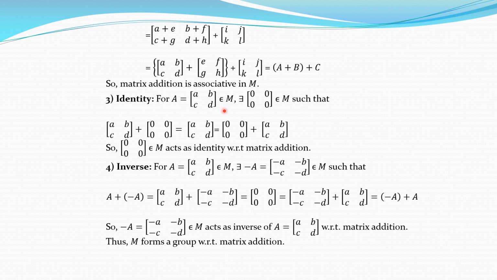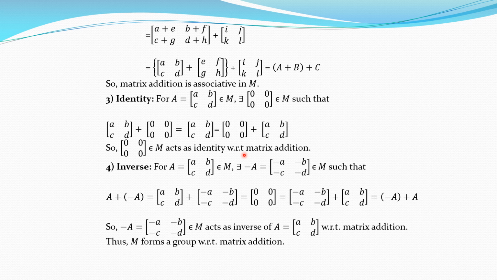So what is the identity element? It is nothing but the 0 matrix of order 2 by 2, because if we add the 0, 0, 0, 0 matrix to A, then we get the matrix A itself. So the 0 matrix of order 2 acts as identity with respect to matrix addition.